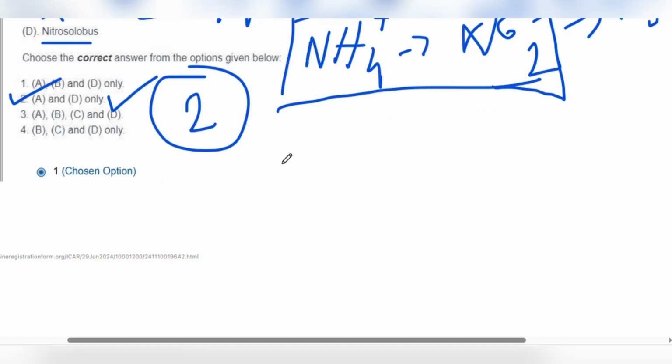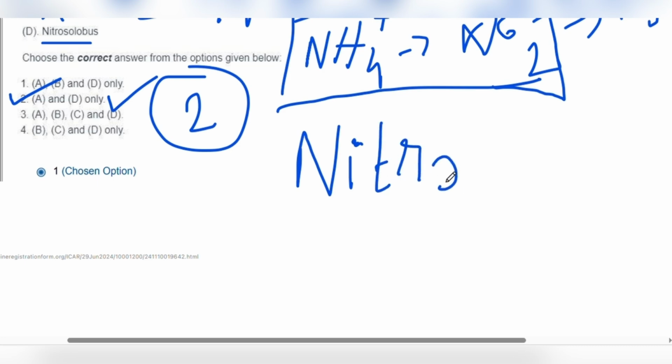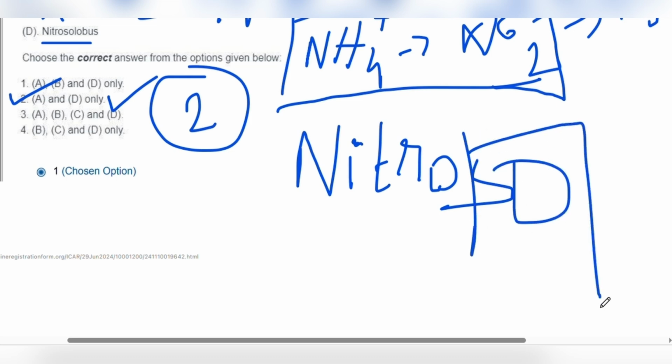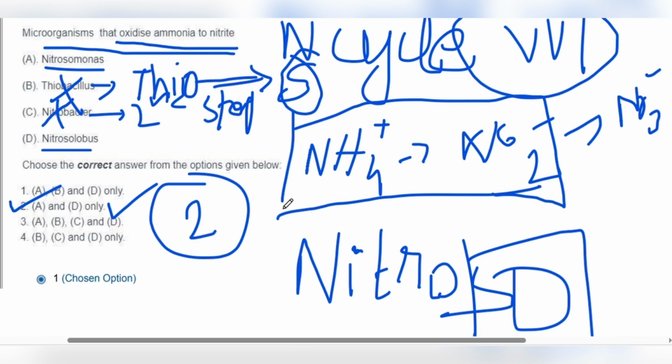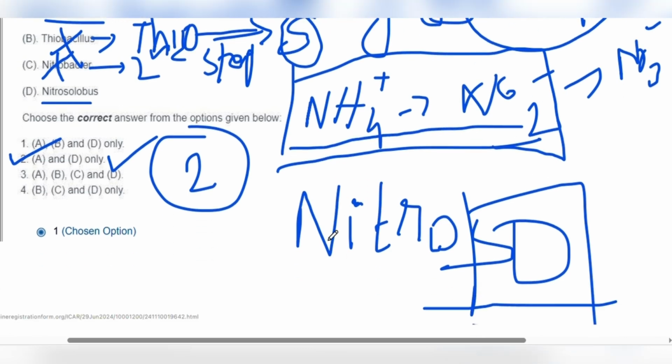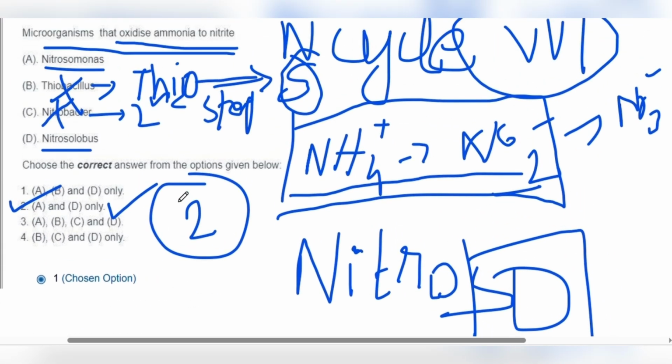Here I will tell you one trick: any genera starting with nitroso. This nitroso is the characteristic that tells that it governs this first step of nitrification. Whatever genera is starting with nitroso, Nitrosomonas, Nitrosolobus, everything is responsible for this first step of nitrification, that is, they oxidize ammonium to nitrite.